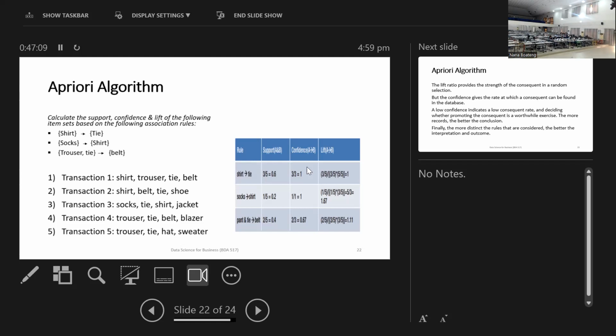So when somebody buys socks, they will buy it too. It's not wrong. You also have another option where the lift is greater than 1. It's still strong. The confidence is still high. And then the probability of the item appearing is higher, 40%.